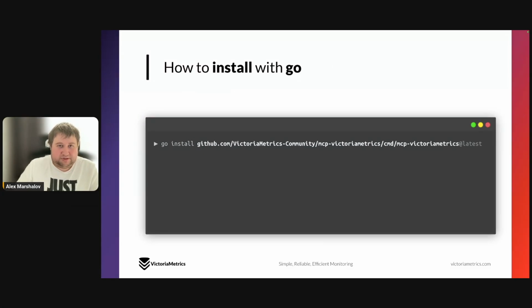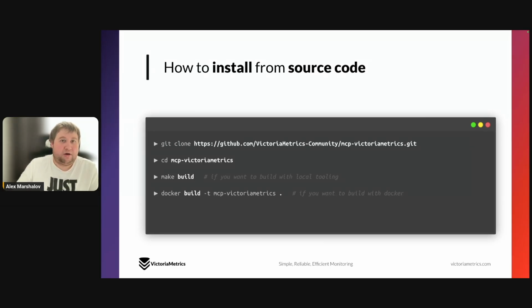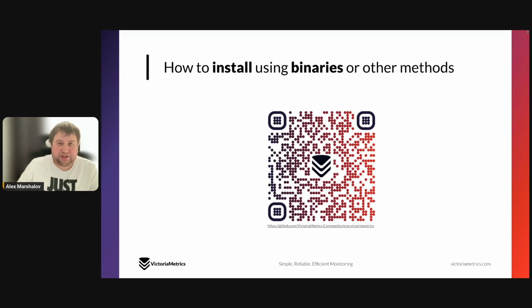If you have Go installed on your machine, you can use the following command to install from the Go package. Of course, you can clone the repository and build from source manually with Docker or with the Go CLI. And you can just grab pre-built binary files for all popular operating systems and processor architectures. In addition, you can find in the README other ways of installing the MCP server.